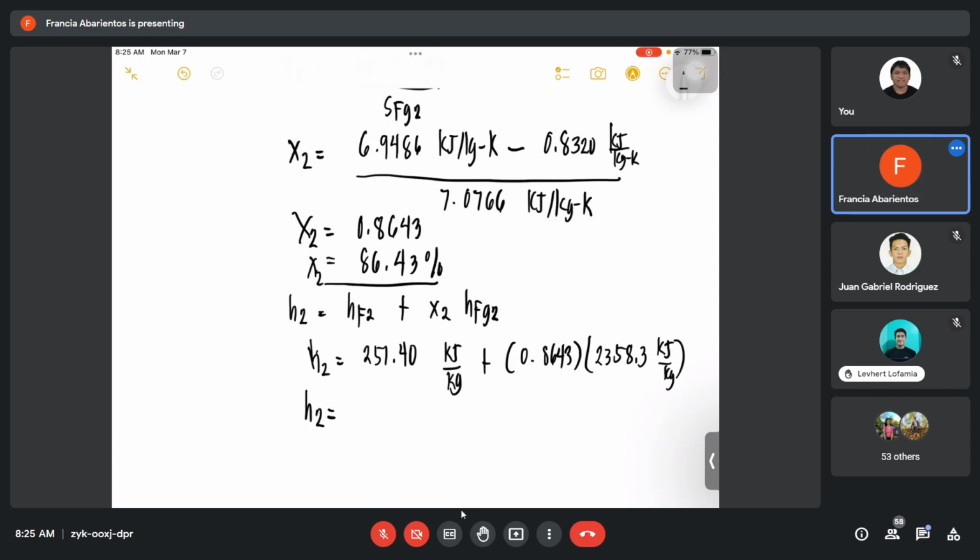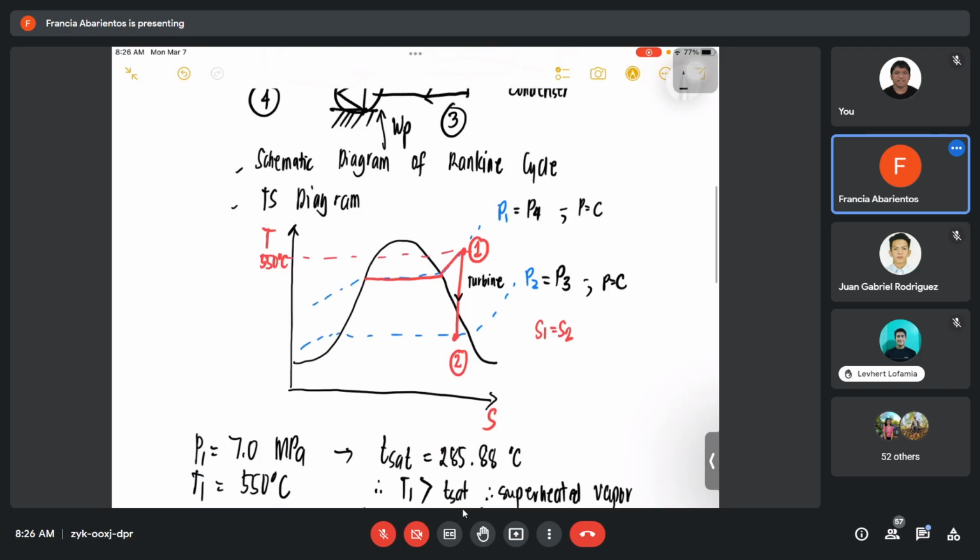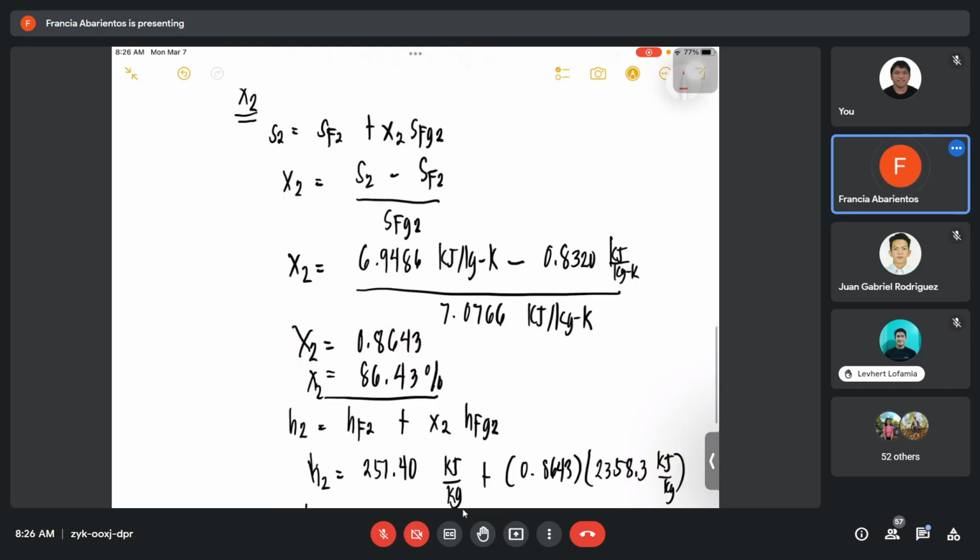Compute for the property. So we are just solving the properties from the turbine, leaving the turbine, because we are at 0.2, 0.2 to 0.3. What is now your answer in enthalpy?